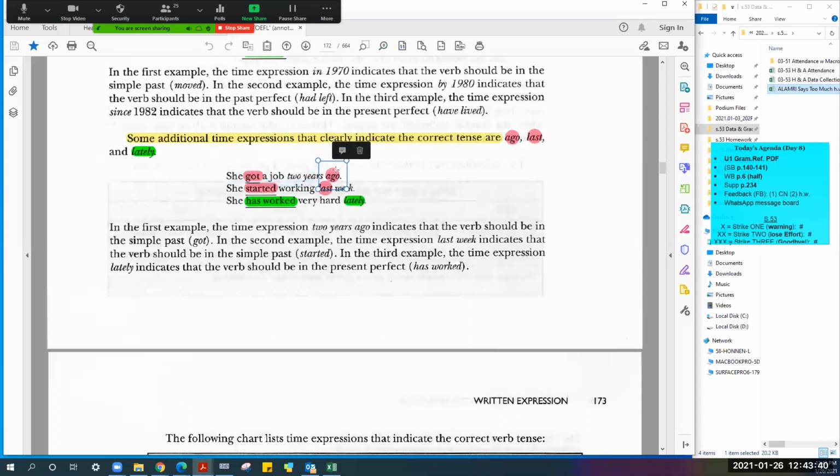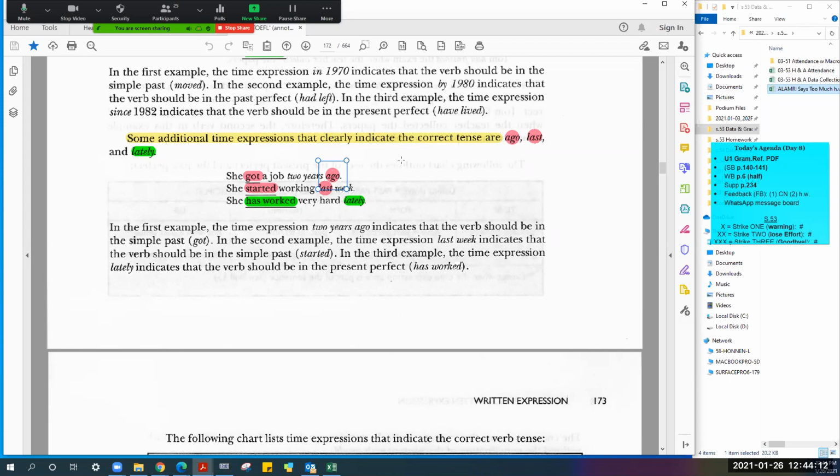Yep. Ago. Most Arabic speakers, you like to say before 2 years. Native speakers don't do that. We don't say that. You see, what are you doing?